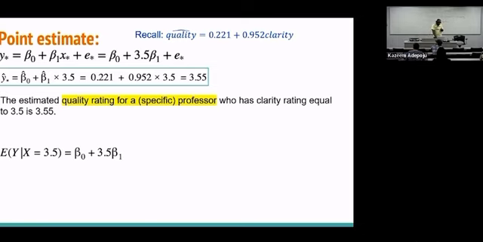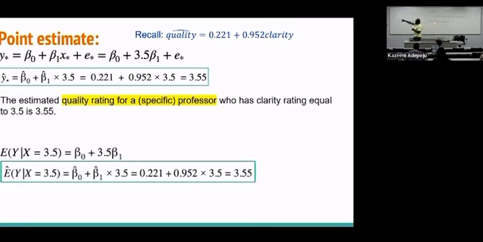Now I'm going to go into the average one. Of course, for the average one, I'm going to use the expected value of y given x equal to 3.5, equal to beta naught plus 3.5 beta 1. Of course, I'm just going to plug that in. I told you the other time, whether for individual one or for the average one, the point estimate of prediction will be the same.